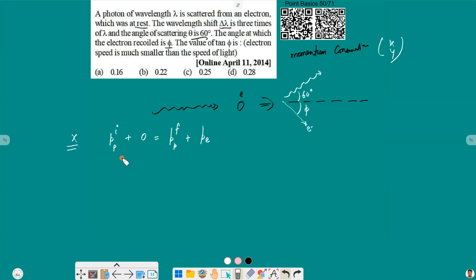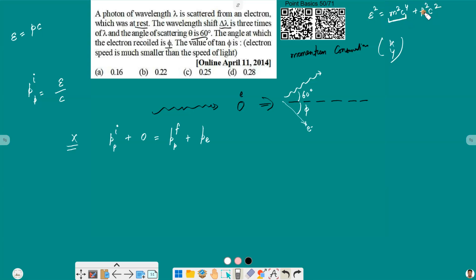Now, what will the initial momentum of the photon be equal to? The momentum of a photon can be calculated using E by C, where E is the energy of the photon and C is the speed of light, assuming that the photon was moving in vacuum. Because for a photon, E is equal to PC. The actual equation is E squared equals m squared C to the 4 plus P squared C squared. For a photon, mass is 0, so this term becomes 0.